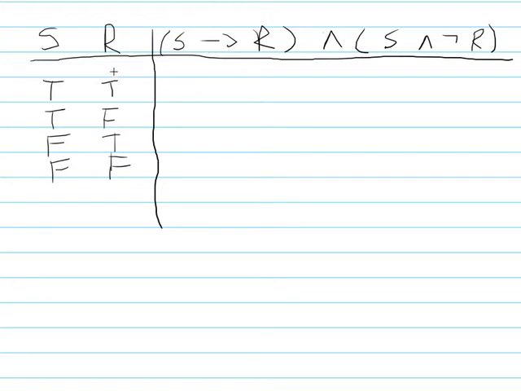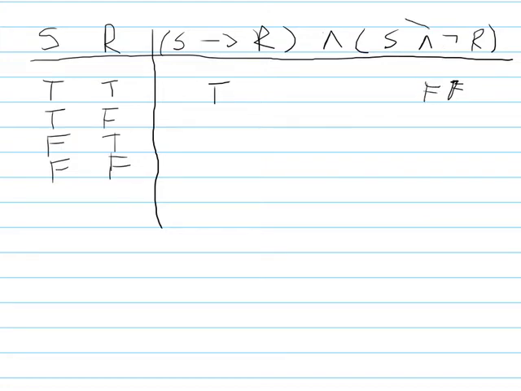So here on this first row, if we remember that S and R are both true, we know that this conditional will be true, because the only case in which a conditional is false is when the antecedent is true and the consequent is false, but here both are true. Then we know that not R will be false. And then since one of the conjuncts is false, the entire conjunction is false.